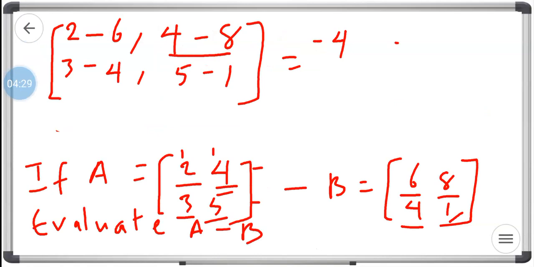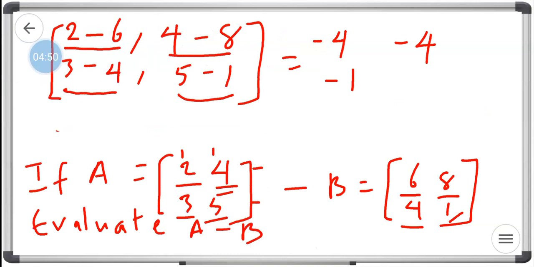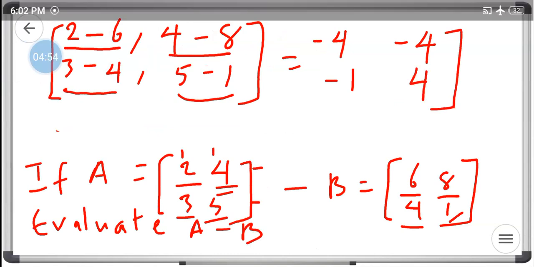The next one, 3 minus 4, gives us minus 1. And the last one, 5 minus 1, gives us 4.